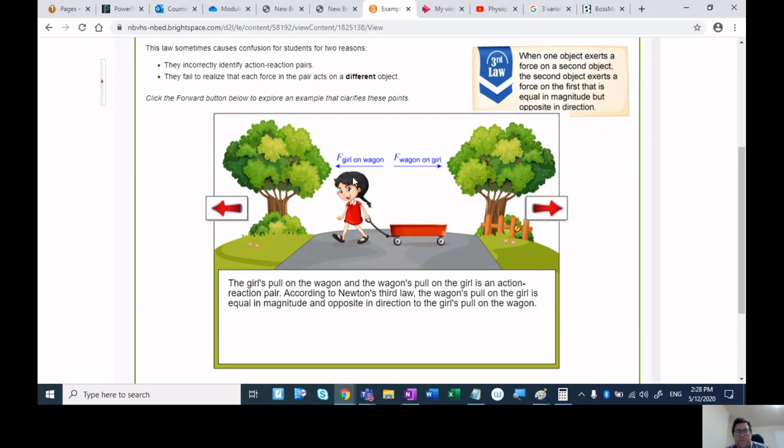The F of the girl, the F of the wagon. The girl pulls on the wagon, and the wagon pulls on the girl. According to Newton's third law, the wagon's pull on the girl is equal in magnitude and opposite in direction to the girl's pull on the wagon.